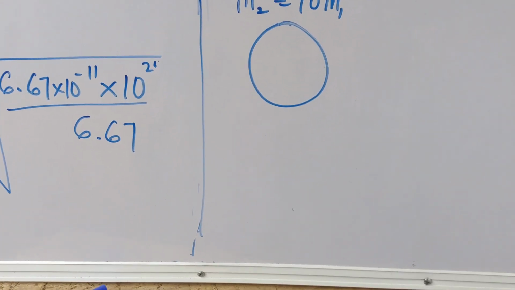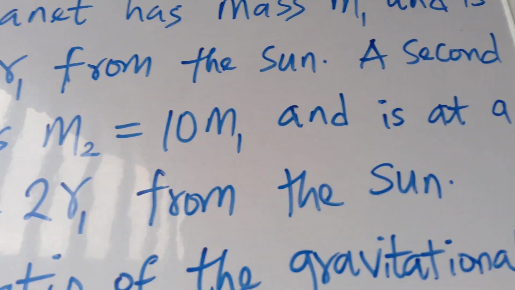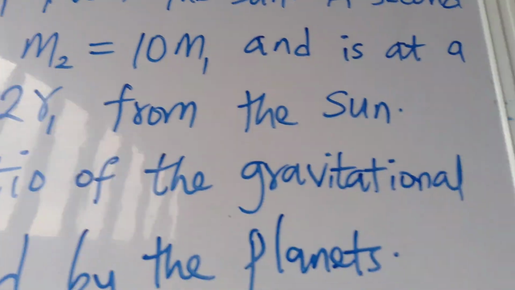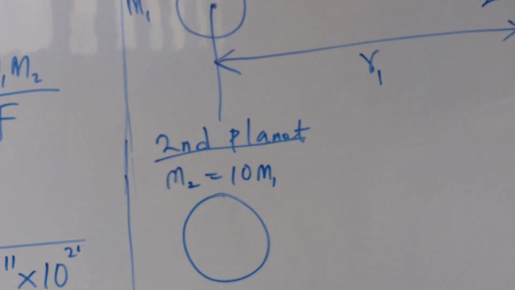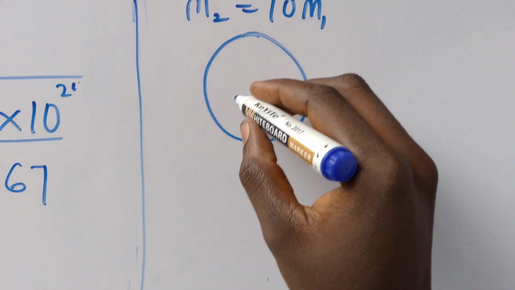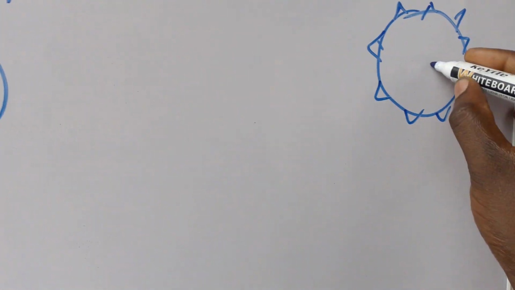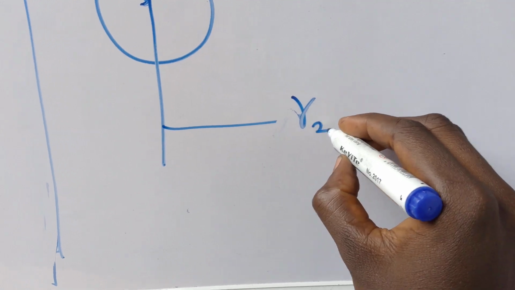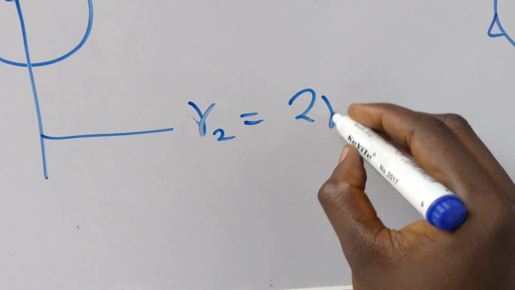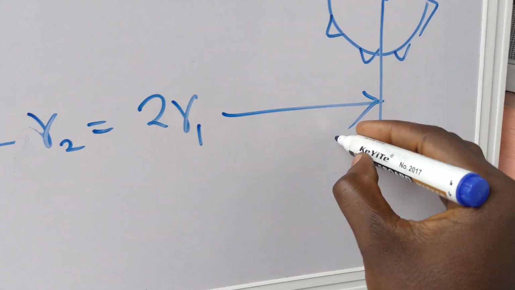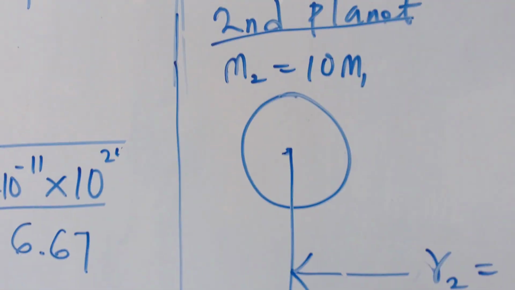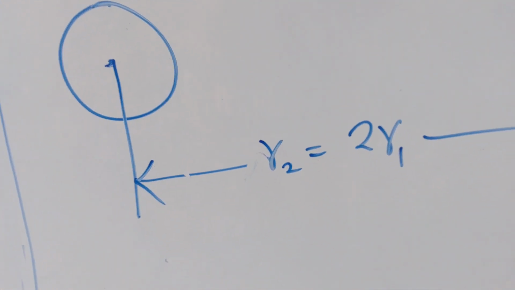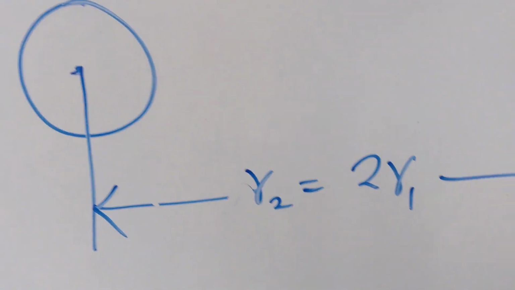Now we are also told that it is at a distance of r2 equals 2r1 from the sun. So the distance of the second planet from the sun is 2r1.